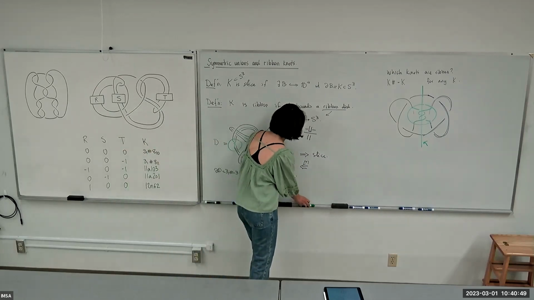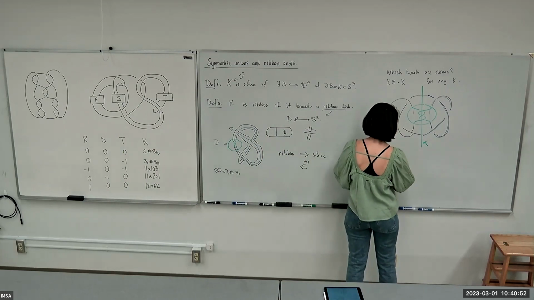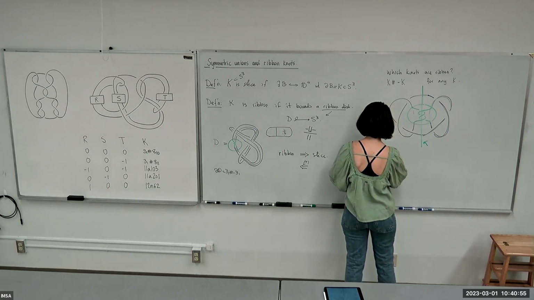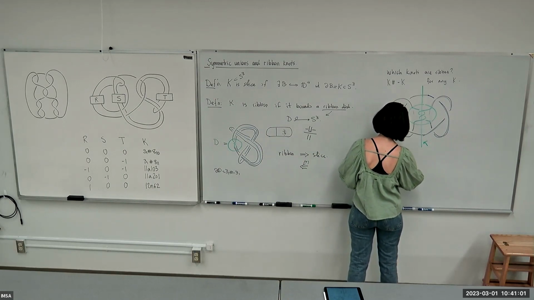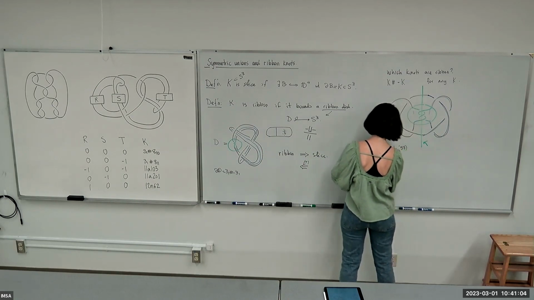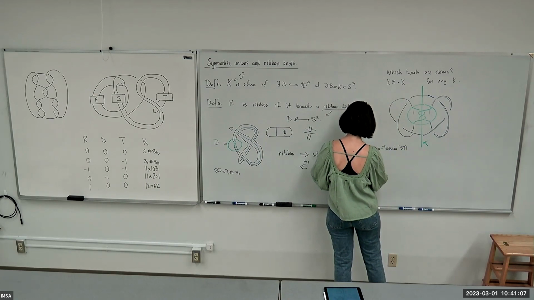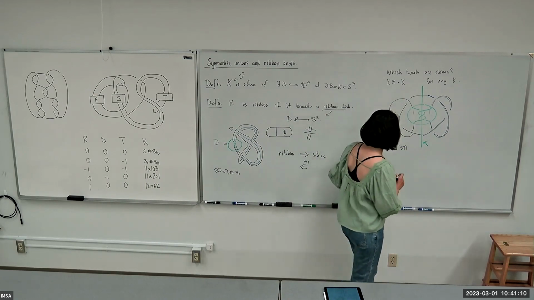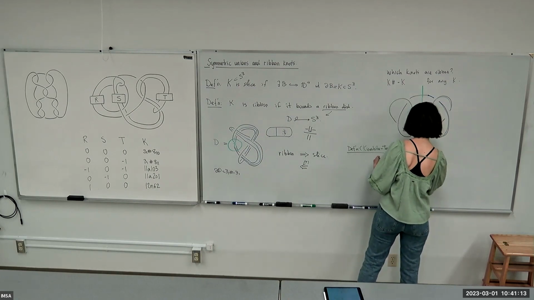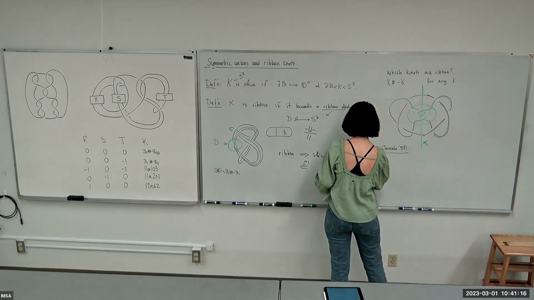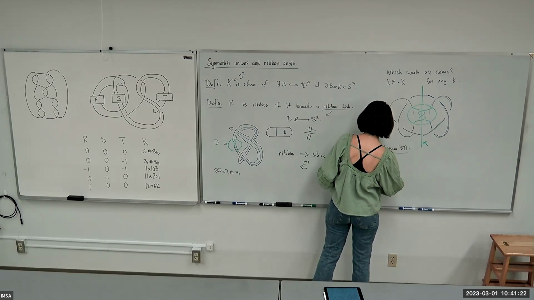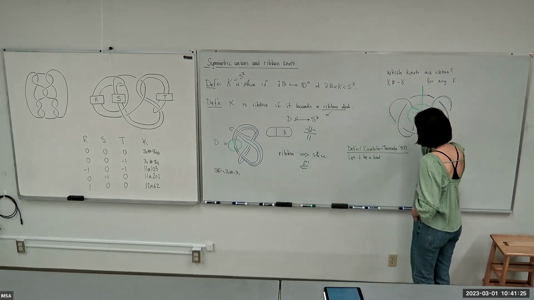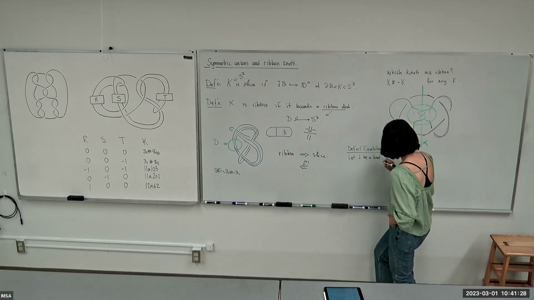This construction generalizes, and it's due to Kinoshita and Terasaka. If a knot admits such a diagram, we call it a symmetric union. Let's take any knot J and build a symmetric union of J as follows.